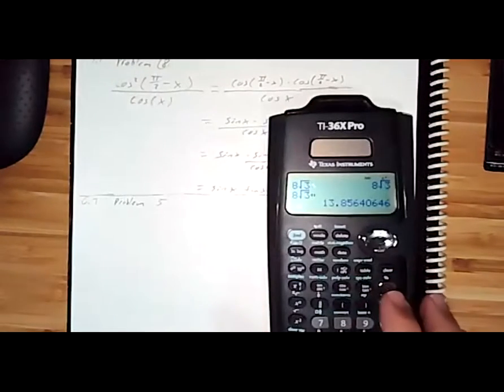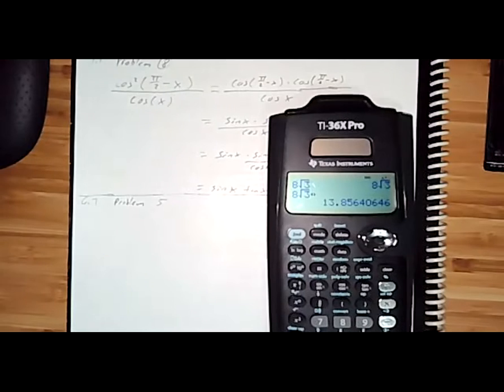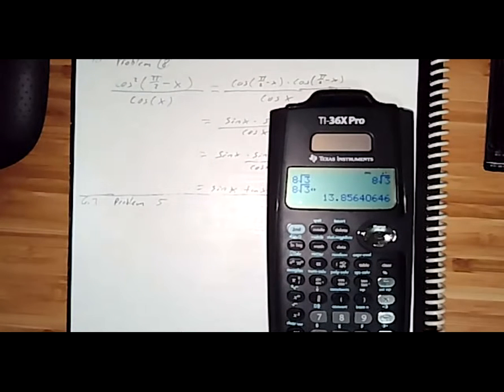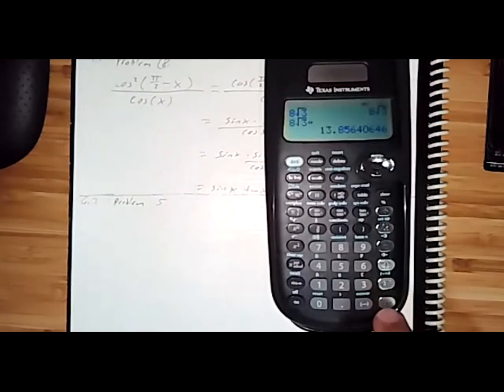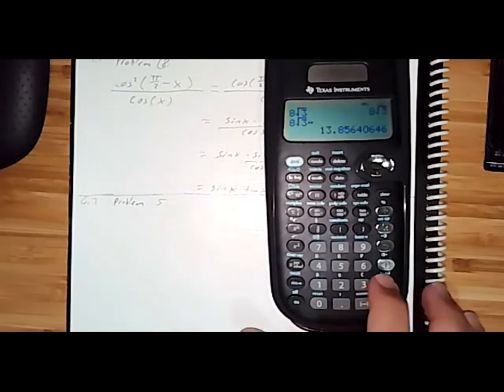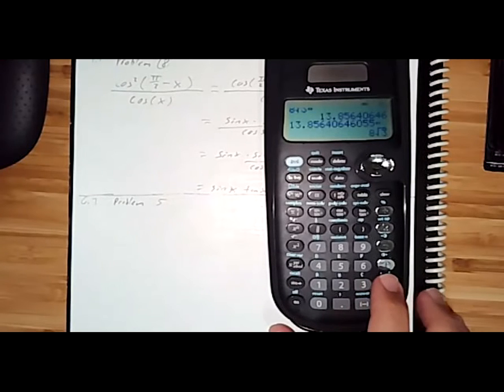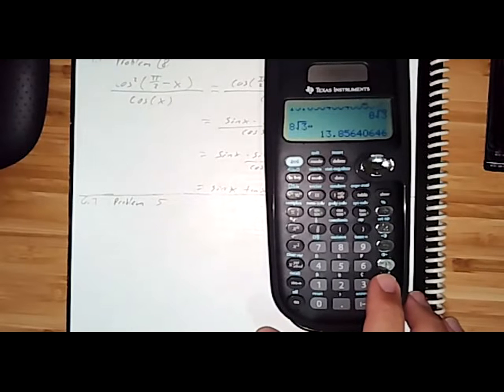I just pressed this button right here. What button? This button above the enter. Above the enter? Mm-hmm. So you put 8 square root 3 and then press the button above the enter? Right. And then you can press it to go back if you want to.